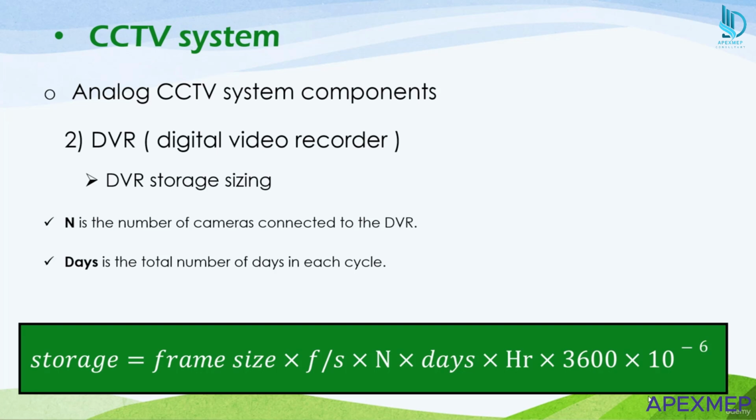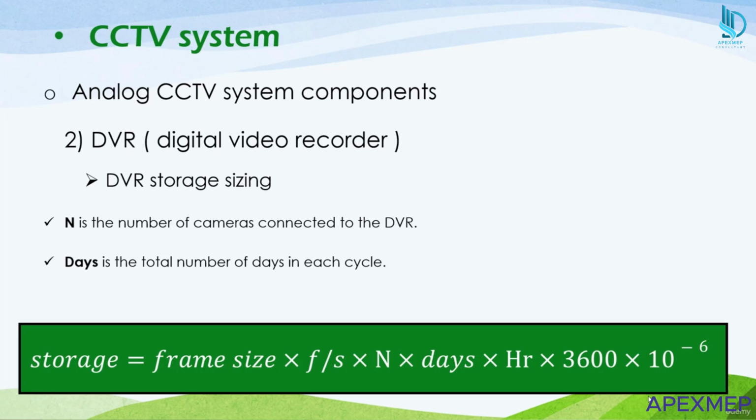In this case, we need a larger storage size of the hard disk, and at the same time its price will be bigger. And after completing this cycle, the hard disk may overwrite its storage, which means it may erase the older videos that were recorded first to free new space in the disk for recording more videos in the new cycle.